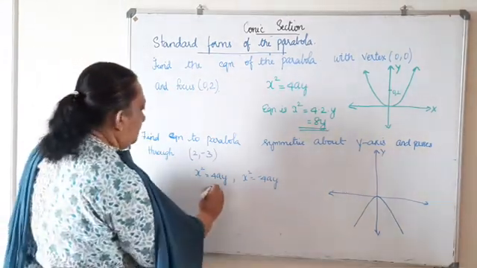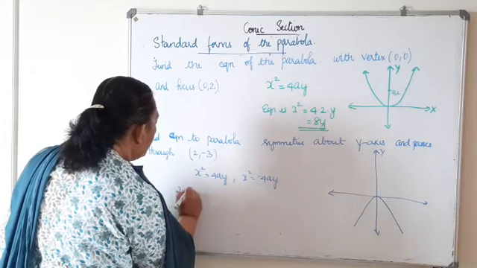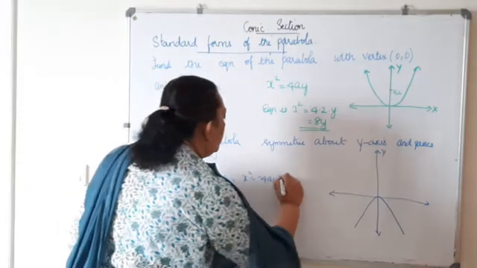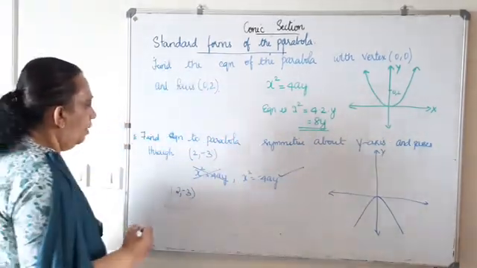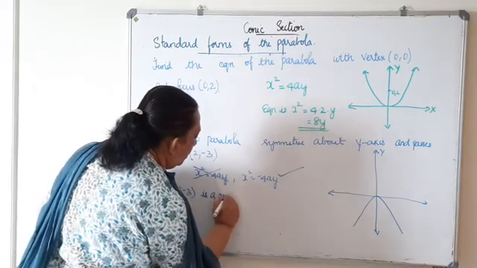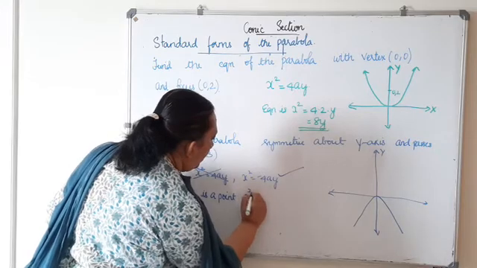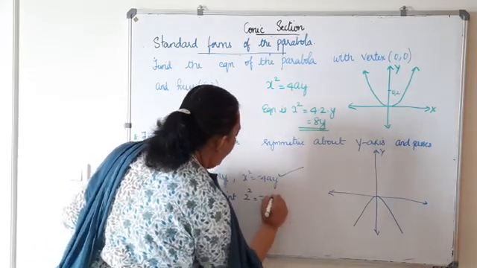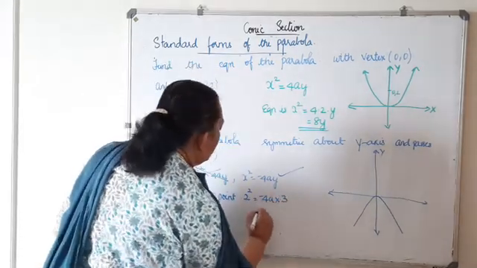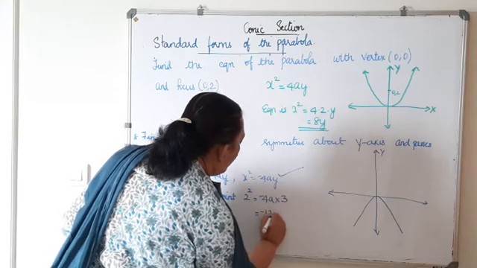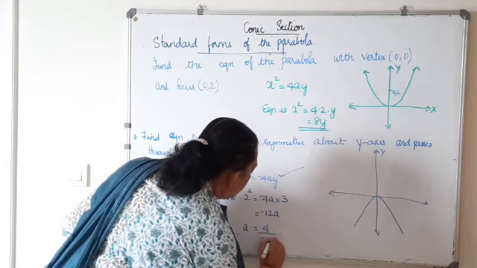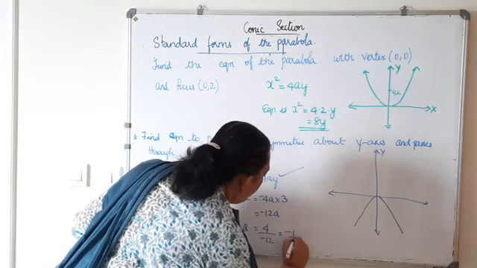Now, since 2, -3 is a point on the parabola, 2 squared is equal to minus 4a into 3. That is equal to minus 12a. A is equal to 4 by minus 12, that is equal to minus 1 by 3.